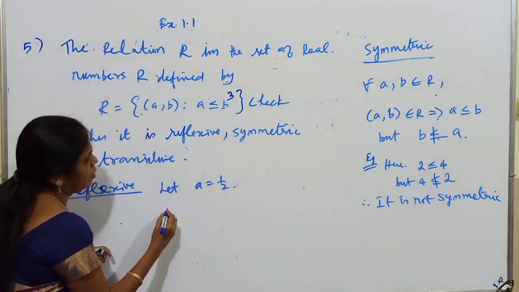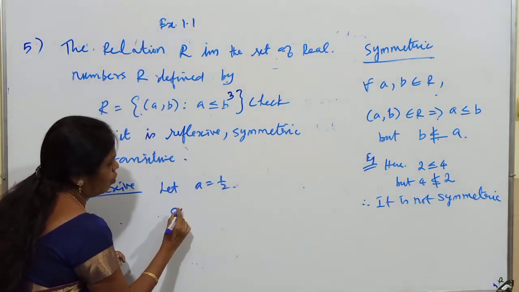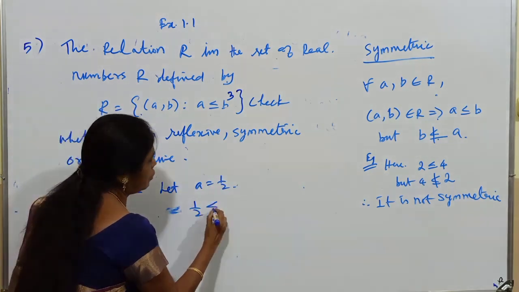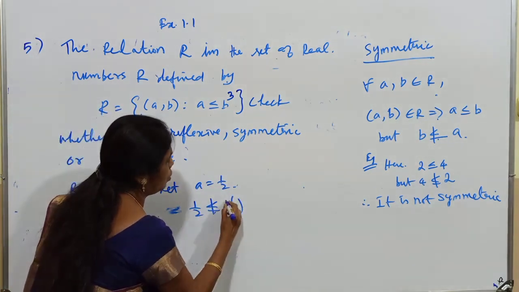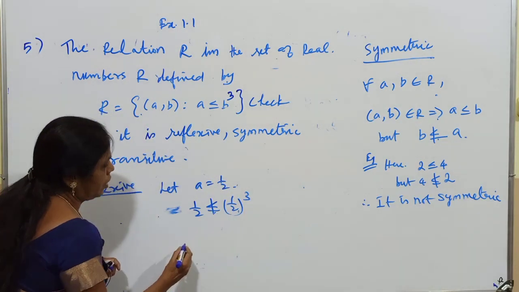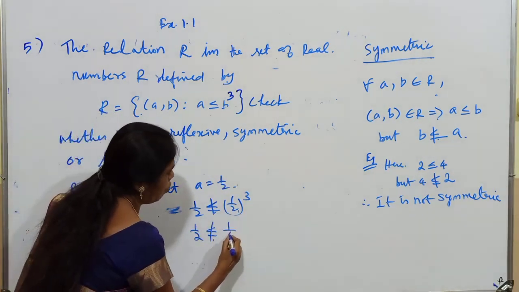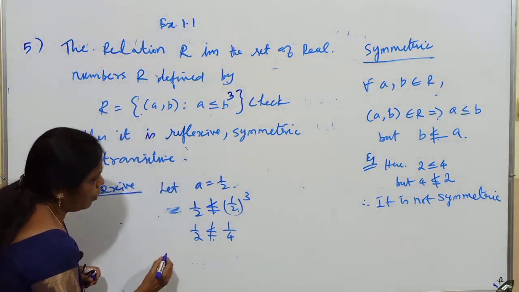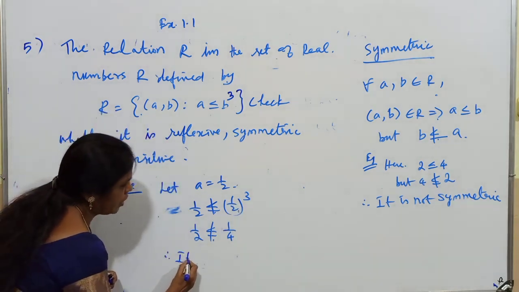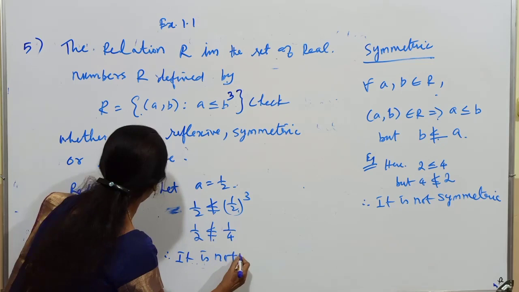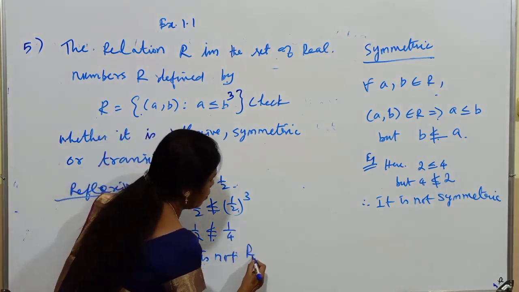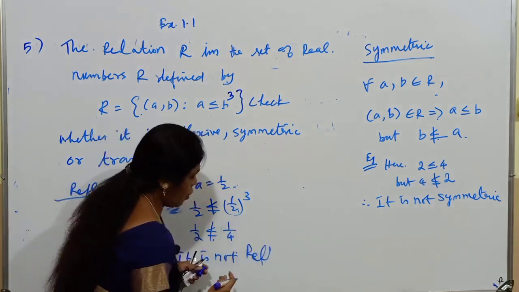Now listen here. 1 by 2 is not less than or equal to (1 by 2) cube. That is, 1 by 2 is not less than or equal to 1 by 8. Therefore, it is not reflexive.